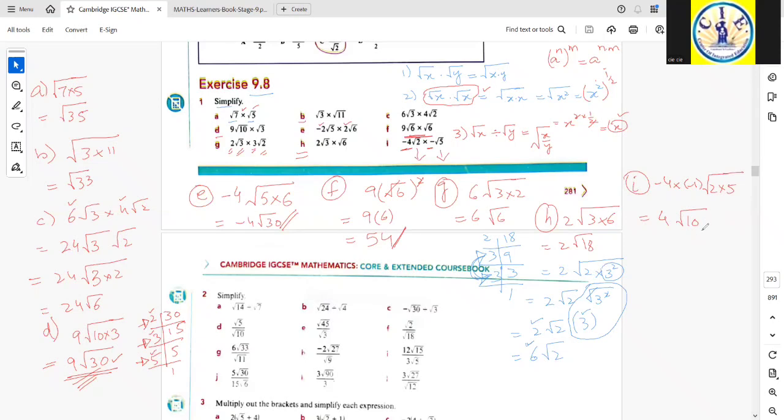So now since the prime factorization of 10 is the same 2 times 5, none of the prime factors 2 or 5 is going to be having a pair. So we will retain the answer like 4 times radical 10. That completes all the parts of question number 1.